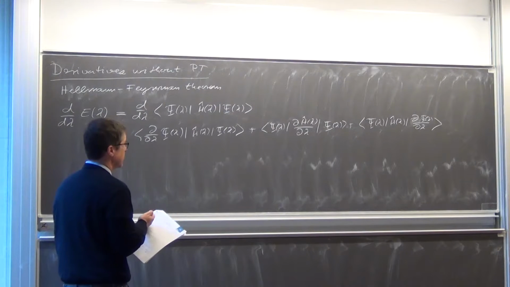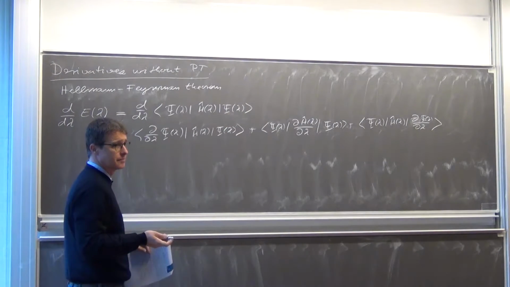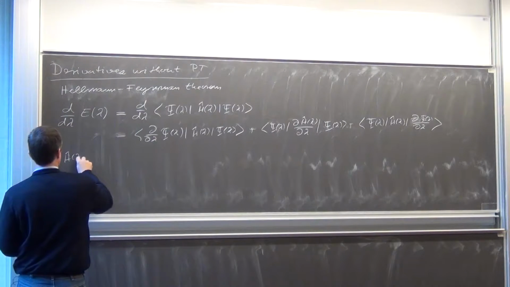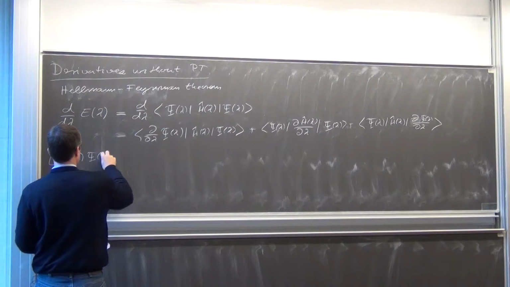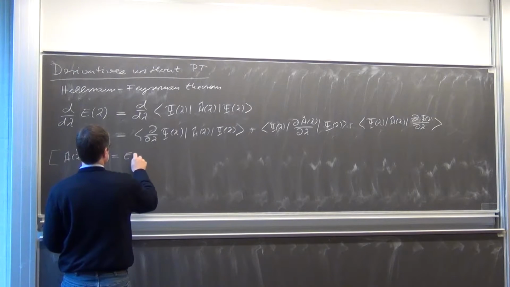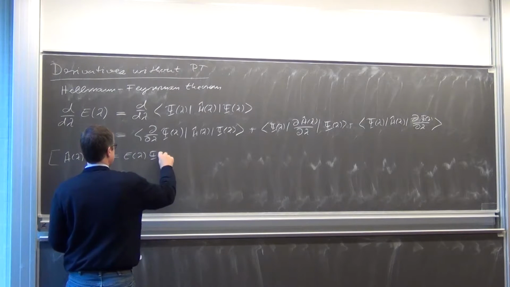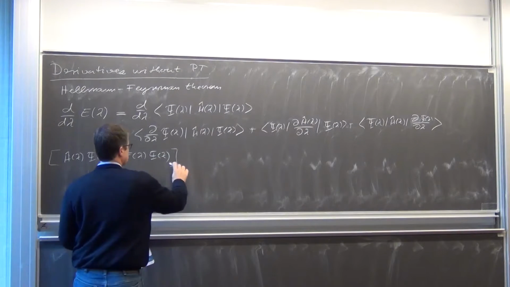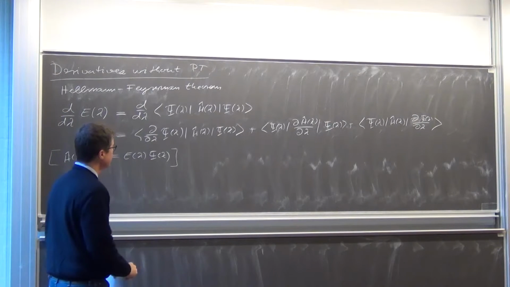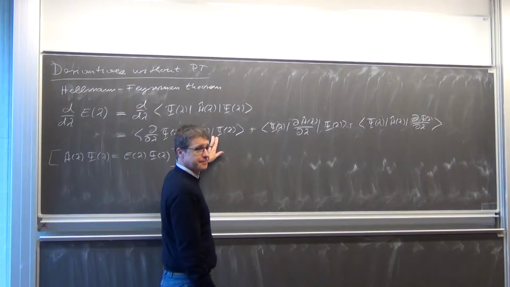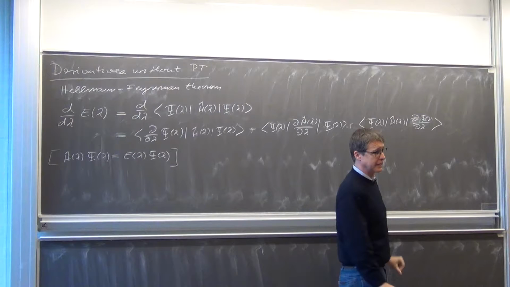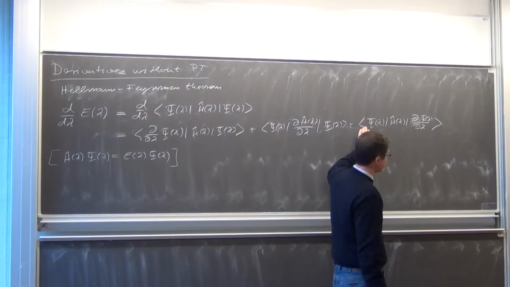Good, but I said these are exact states. So H of lambda acting on the wave function, which is a function of lambda, is going to give me the energy times the wave function. And I can use that here, and I can use it also here, because I can now let the Hamiltonian act to the left, or move it into the bra.